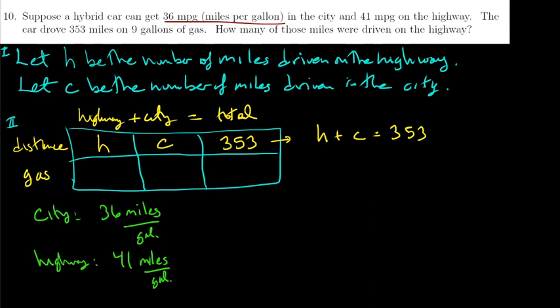We don't know how many gallons we used, so let's say it's n gallons. In the city, we traveled c miles, so if you divide by 36, n is just c divided by 36. The amount of gas used in the city is c divided by 36.